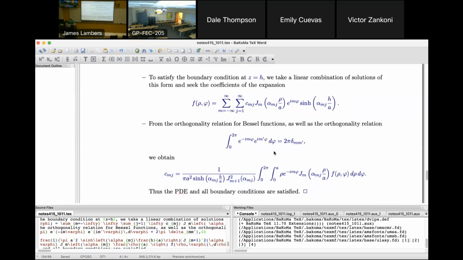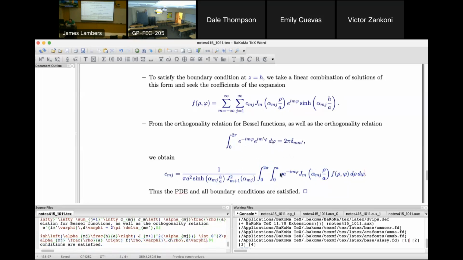Now, keep in mind the scalar product establishing orthogonality of the Bessel function was with respect to rho on the interval 0 to a. The scalar product involving the complex exponentials was with respect to phi on the interval 0 to pi. So really, this double integral has two scalar products going on at once.